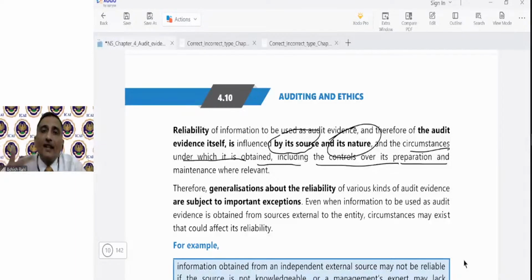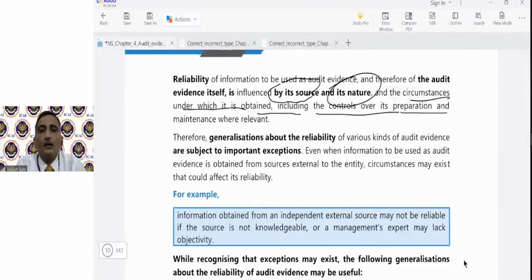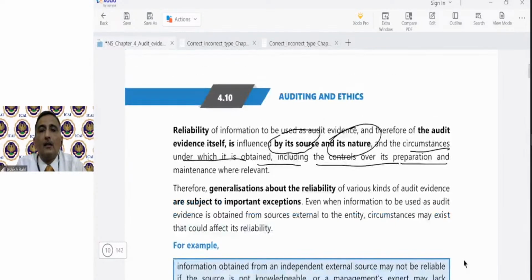And its nature, what type of information it is, that also is a factor for reliability. And the circumstances in which it is obtained, like there may be some different conditions under which evidence is obtained. So these are the factors which affect reliability.